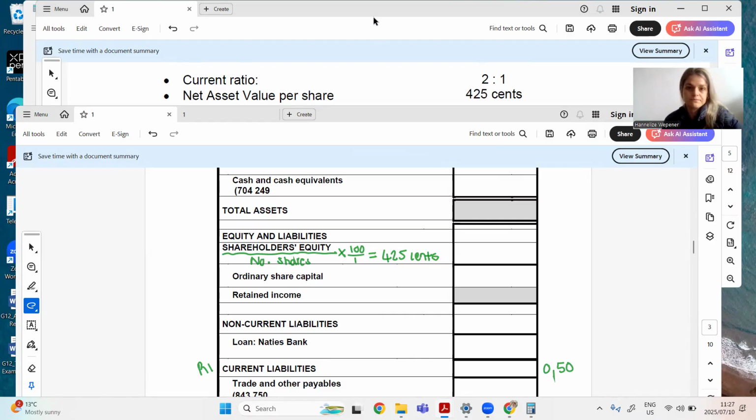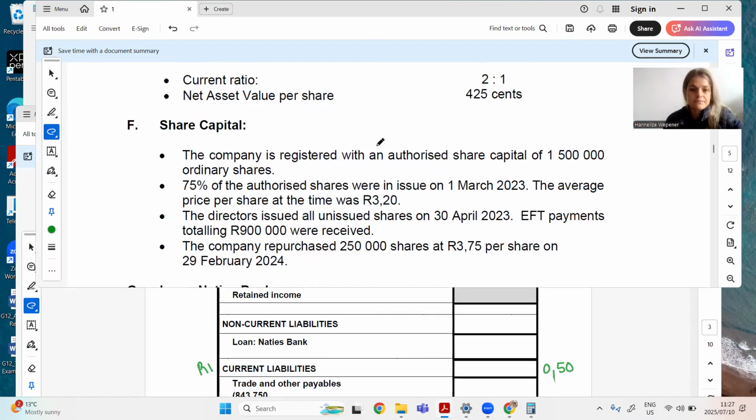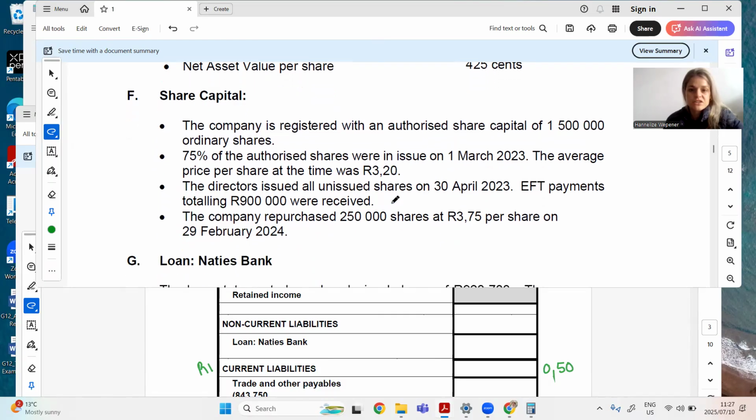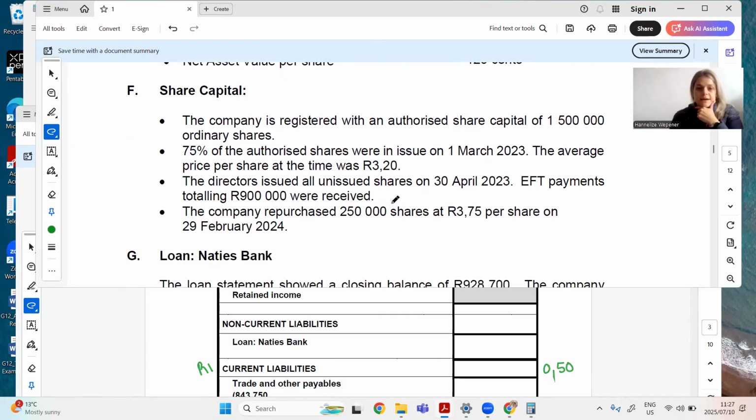Next up, the company is registered with an authorized share capital of 1.5 million. So that is the maximum that you are allowed to issue. On the first day of your current financial year, 75% of the authorized shares were in issue.